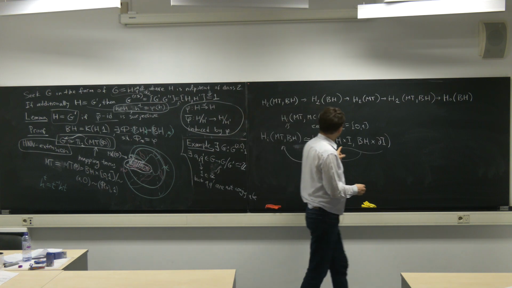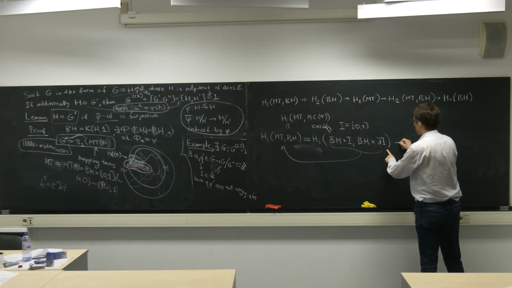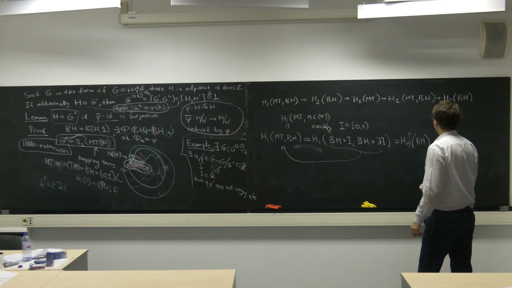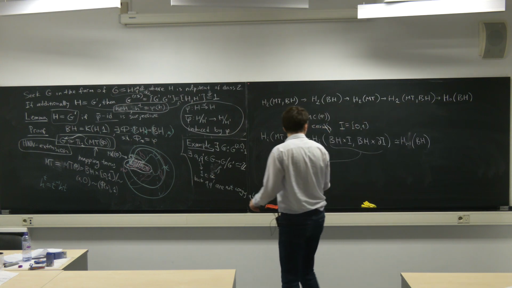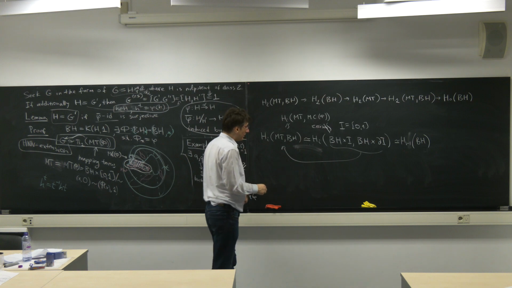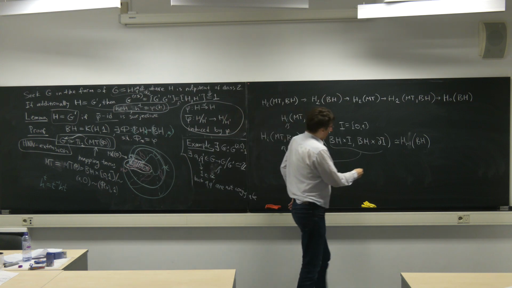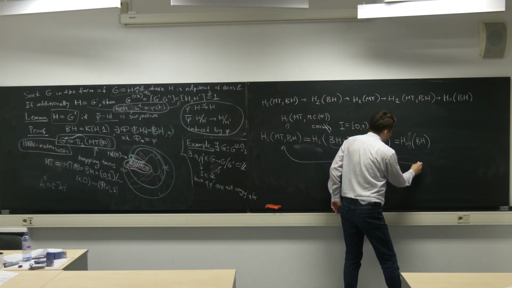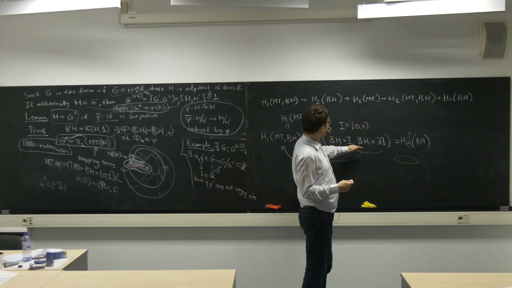So then what is this? This is isomorphic to HI minus 1 of BH. And this is because this is a suspension isomorphism, if you wish.